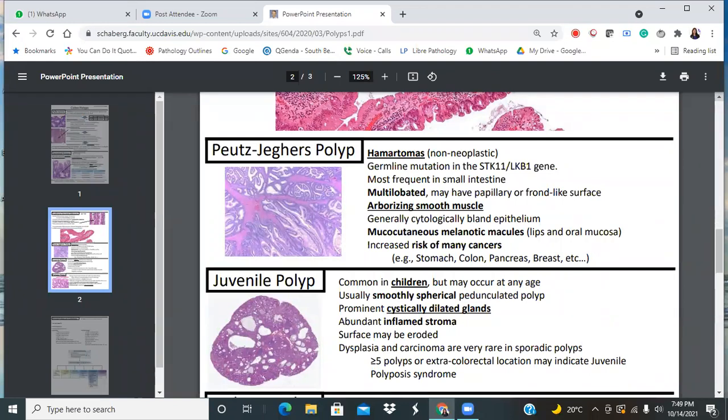It might be next to a diverticulum. They look exactly identical to juvenile polyp. But in adults, it's also called retention type polyp. Don't sweat on it. If you have a juvenile in an adult, just call it retention type and move on. No significance, and don't be lost in the books. It happens, and that's it. Thank you.